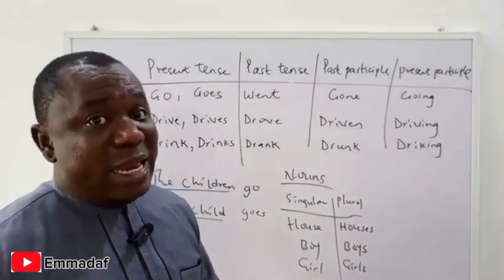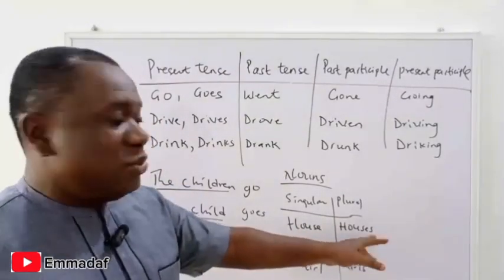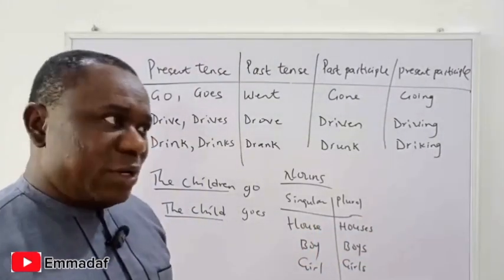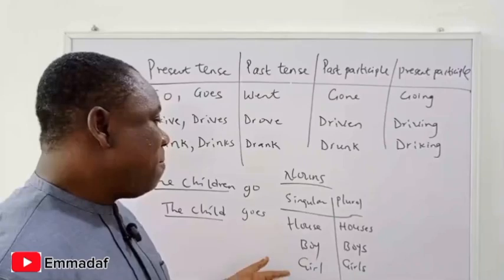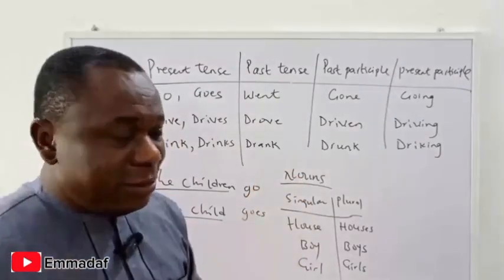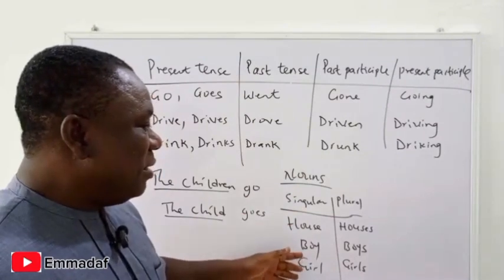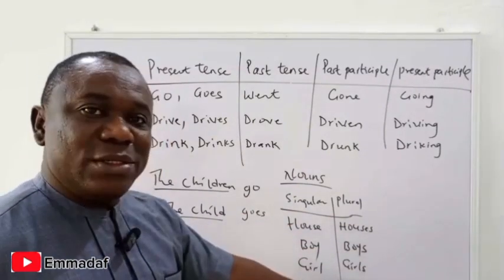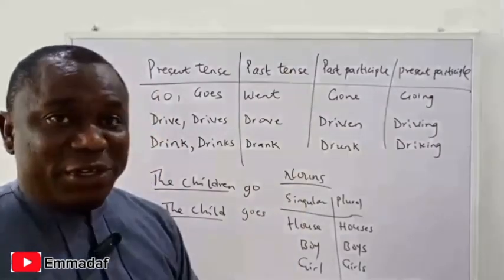For many nouns, they form their plural by adding s to the word. Of course, there are many other ways nouns form their plurals, but generally, many students are aware that nouns form their plural by adding s. The reverse seems to be the case for the verbs.